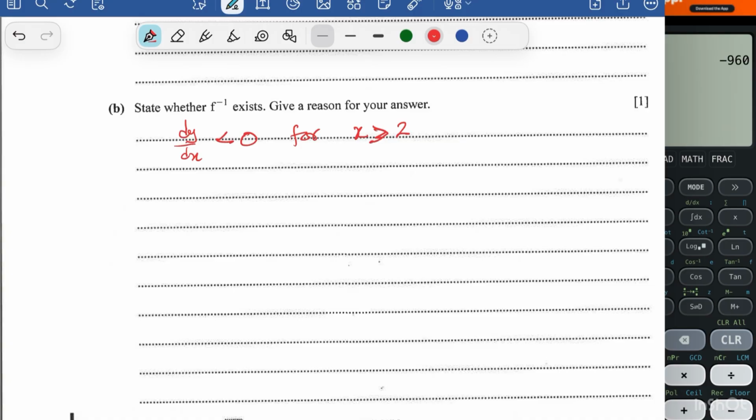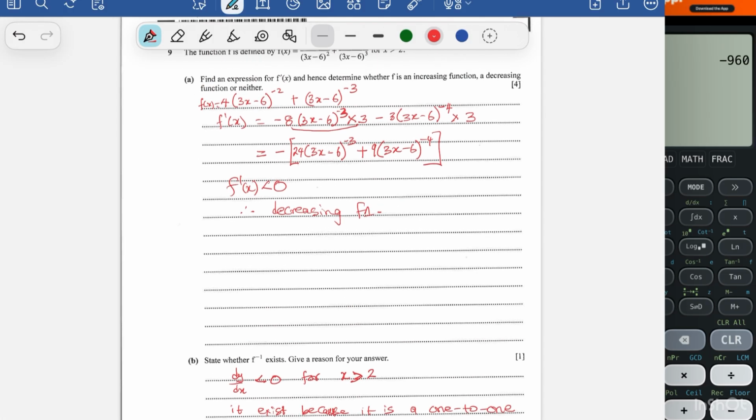So f inverse exists because it is a one-to-one function. It doesn't change, so that is a fact. So it exists because when x is bigger than 2, it is a one-to-one function. Okay, that's 1 mark. I hope that makes sense.